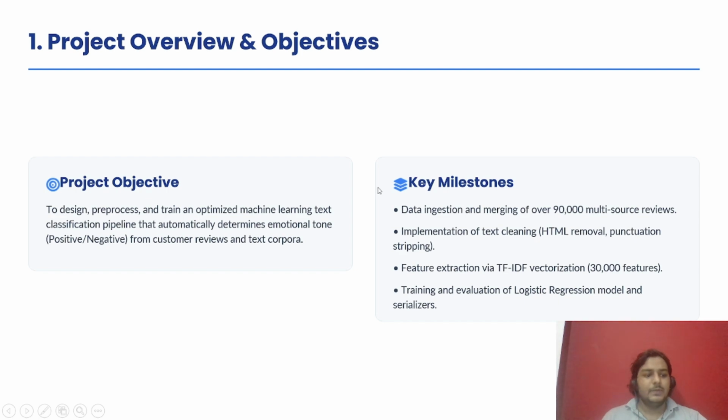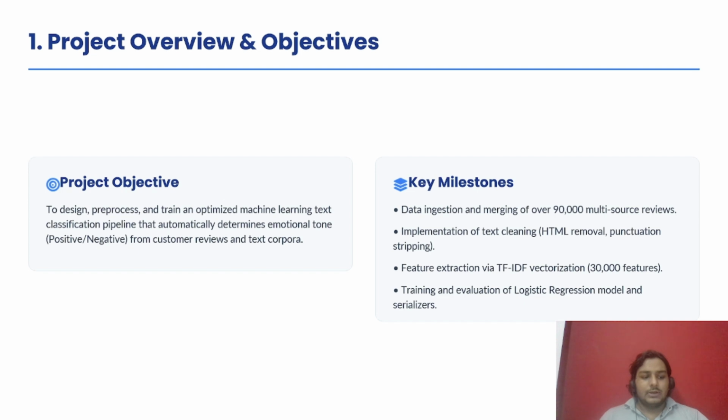Let's begin. The main objective of this project was to design, pre-process, train and optimize a machine learning text classification pipeline. This pipeline automatically predicts the emotional tone, either positive or negative, from unstructured customer review text corpora.